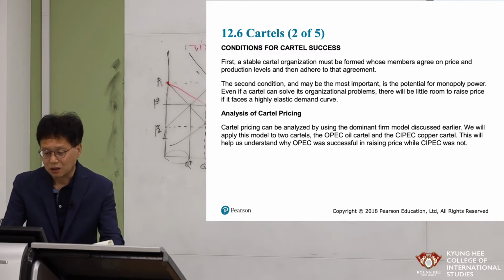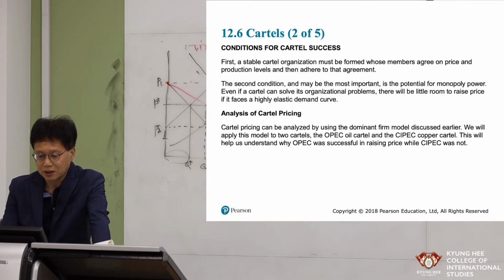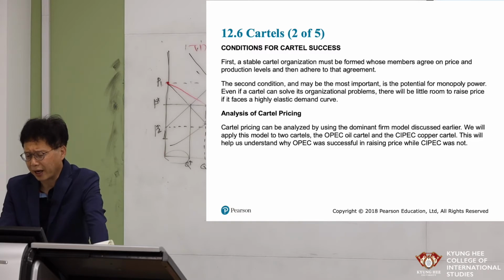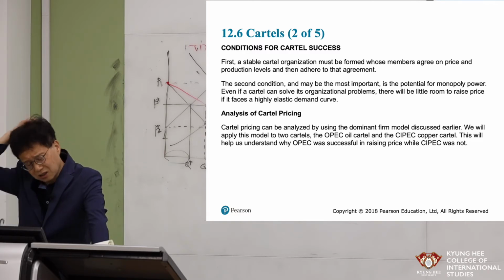Okay? Analysis of cartel pricing. Cartel pricing can be analyzed by using the dominant firm model discussed earlier. We apply this model to two cartels. The OPEC oil cartel, that is a success case, and the CIPEC, exporting copper, which we already studied in an earlier chapter.